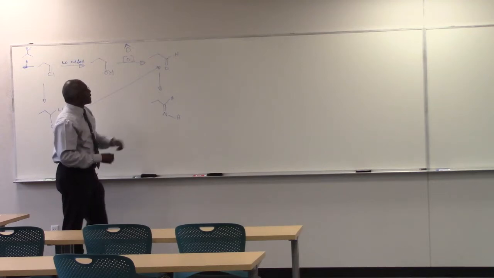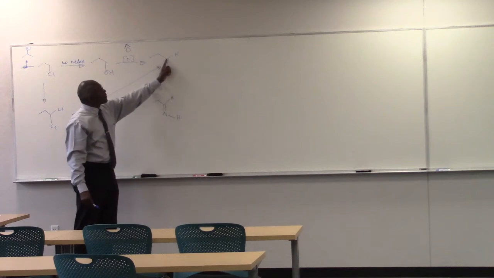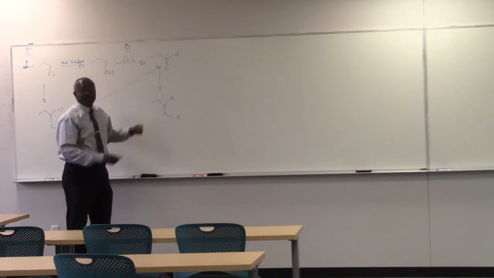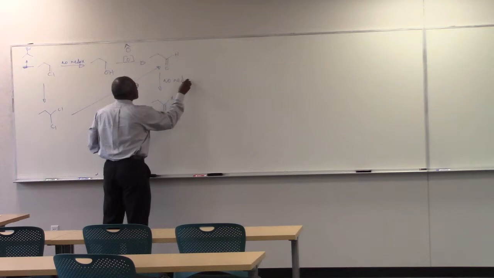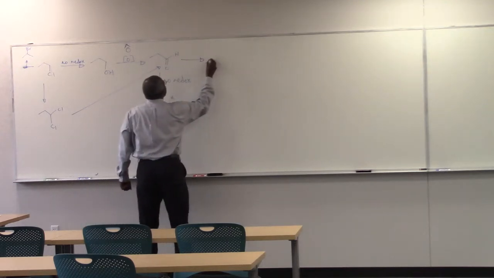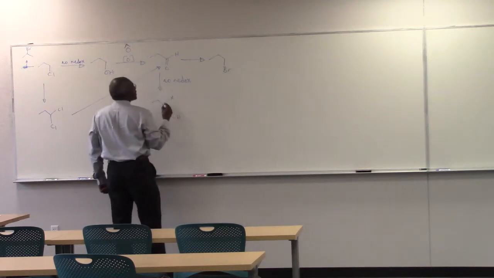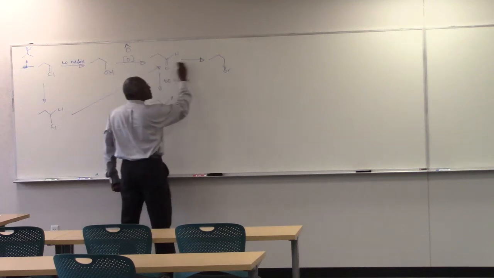What if I convert this compound to this one? Well, this carbon is at the aldehyde level, 2 bonds to heteroatoms. This carbon is at the aldehyde level, 2 bonds to heteroatoms. So this also is no redox. If I convert it into this compound, well, this carbon is at the aldehyde level, 2 bonds to heteroatoms.